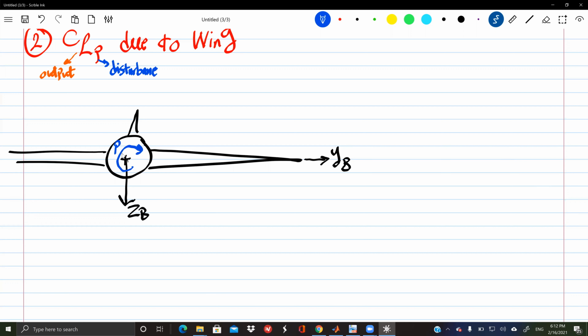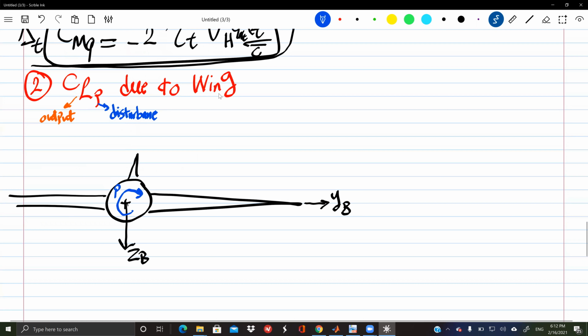Okay, so now I ask myself, what is the effect of P on the component under study, on the wing? Again, this is a body that is rotating about a point. So all the other points will move either up or down. But the issue is that the wing is very large. So a point on the tip will move down with P multiplying by all this distance.